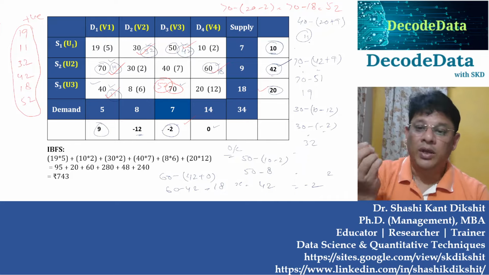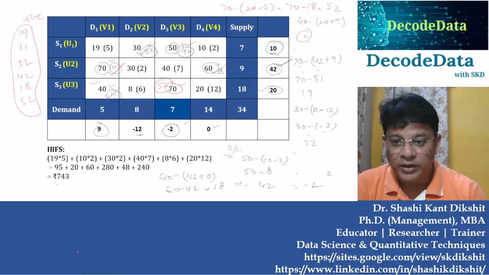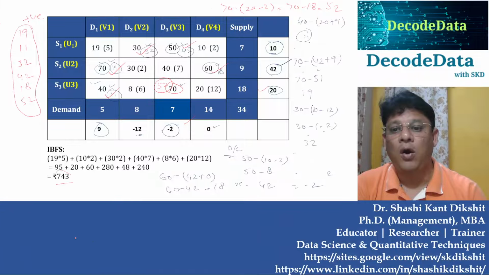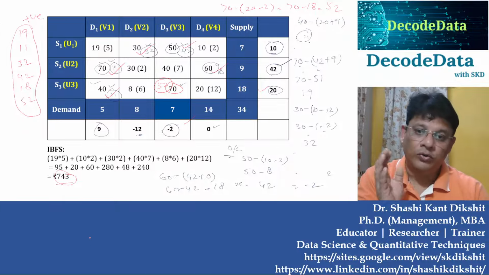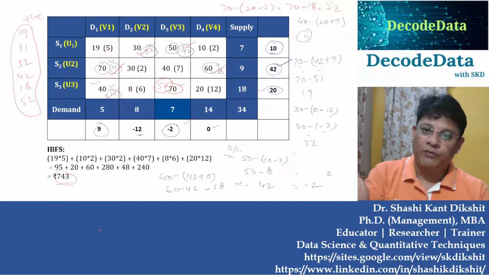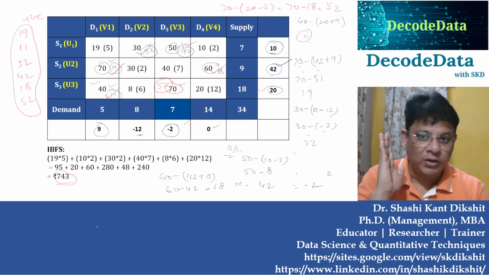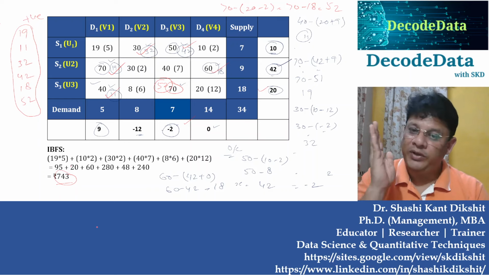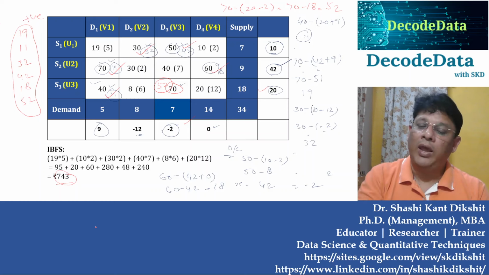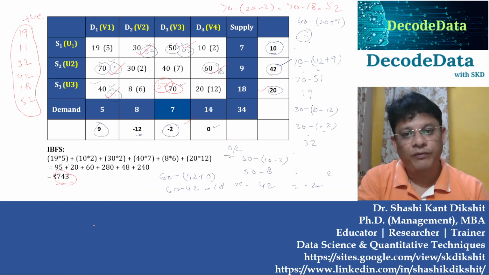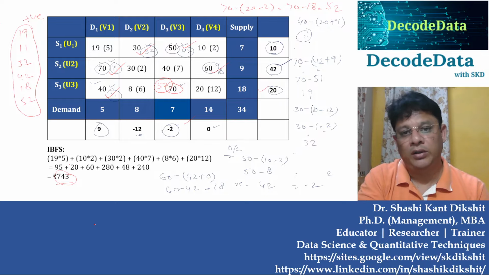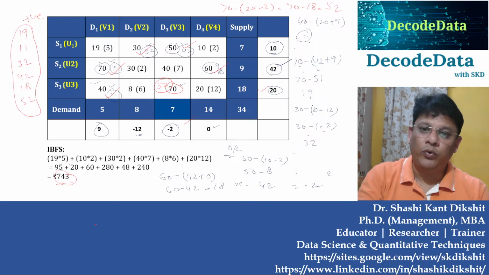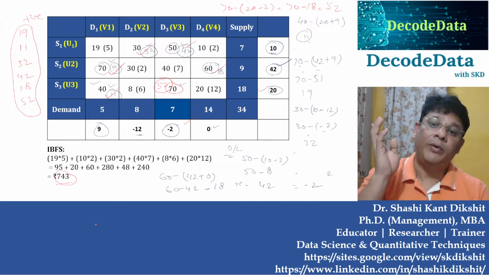It means the solution, that is 743, is the optimum solution. Clear? So what we did in this one, first of all, we calculated the initial basic feasible solution, then we checked the optimality, and because optimality was not there, we converted it into optimal, and then finally we checked the optimality, right? And this is the process you have to repeat till you find the optimum solution.